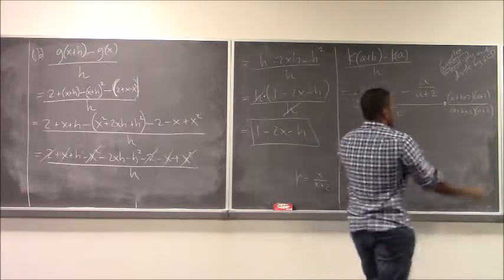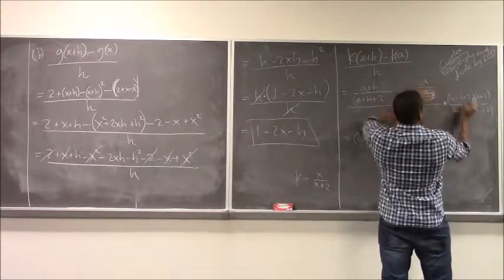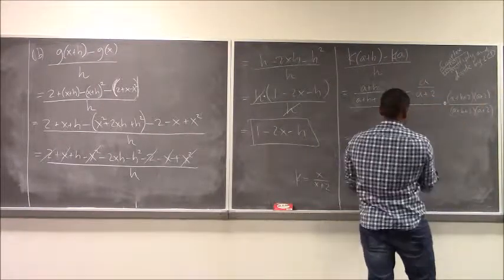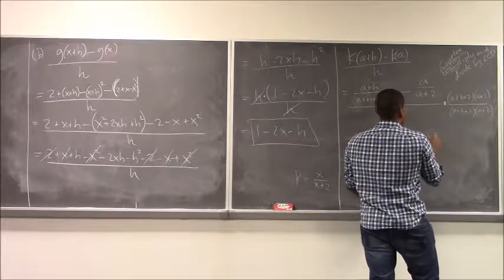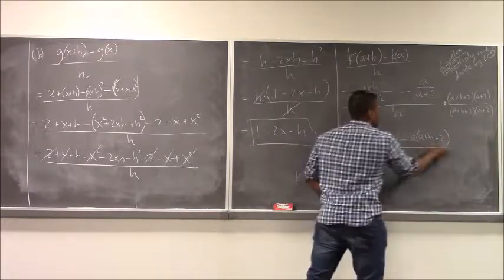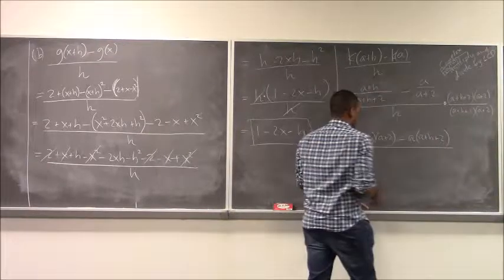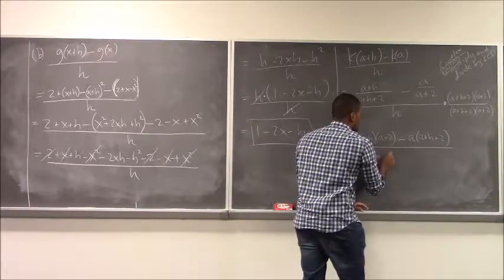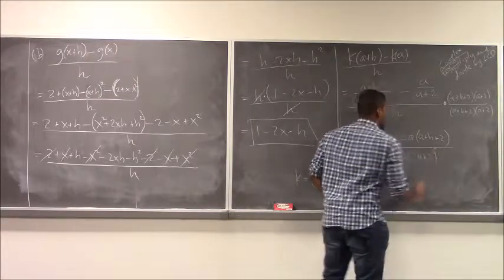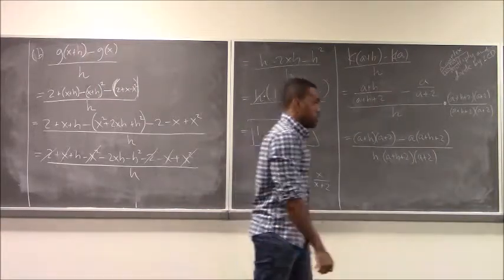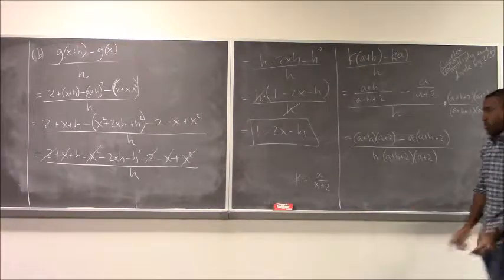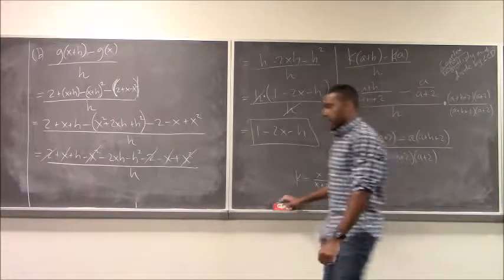Minus, if I multiply this by that, the a plus 2's will cancel, and I'd be left with this times that. Over h times (a plus h plus 2). So now it's not a complex fraction, but we're not out of the woods yet. That h is still alive. We need to cancel that h.